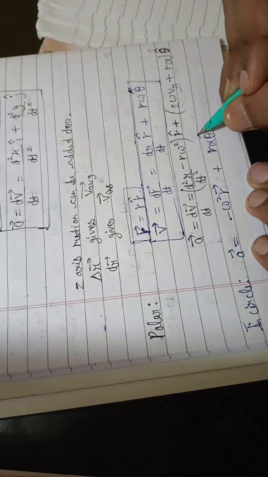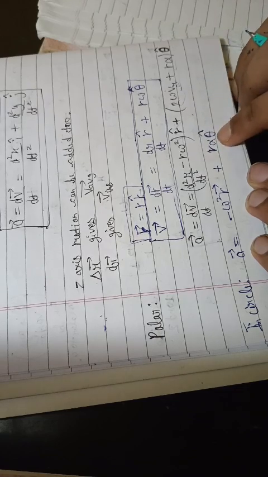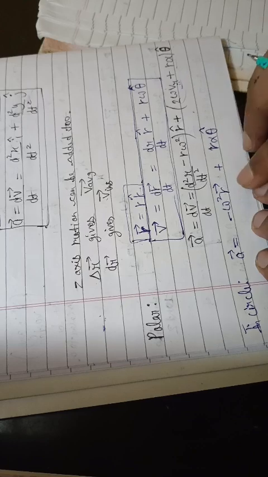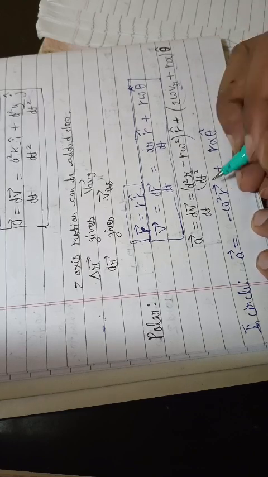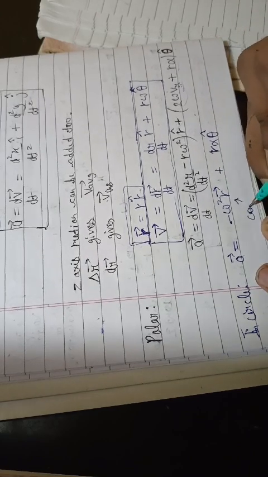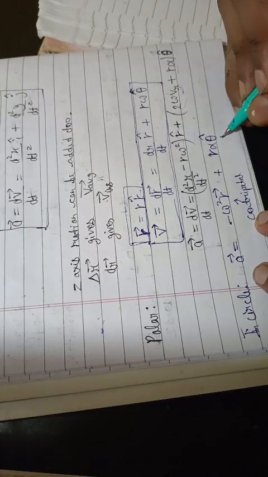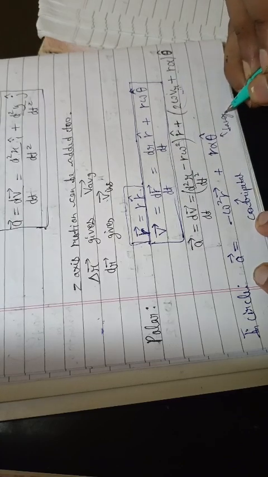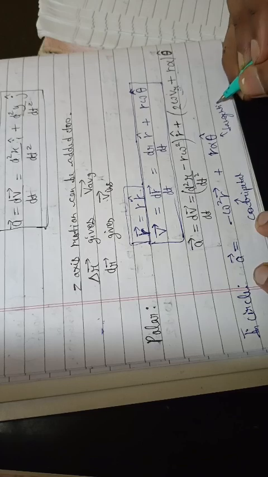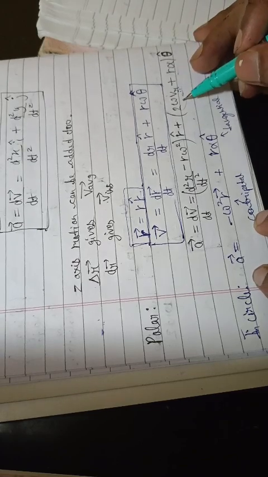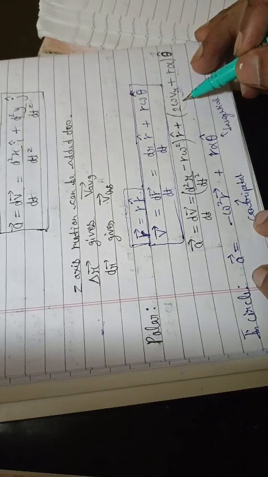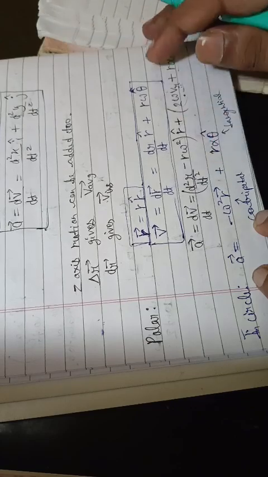What is this? This is the tangential acceleration. r alpha theta cap is the tangential acceleration, and this is the centripetal acceleration. This is called Coriolis, and this is called linear acceleration.